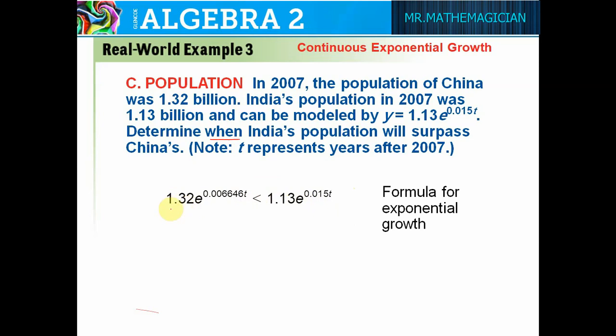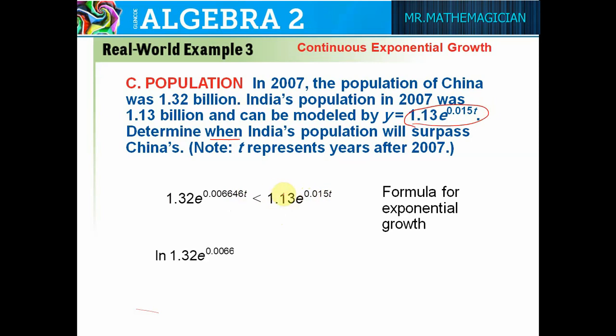This was the beginning of China at 2007, 1.32 e to the 0.006646 t, the rate of growth of China's population, and it will be smaller than 1.13, the beginning in 2007 for India, e to the power of 0.015 t, the rate of India as given in the problem. Now if we can solve this inequality, we can know the value of t.